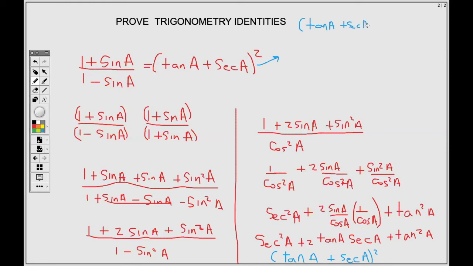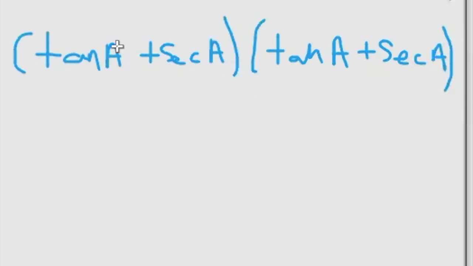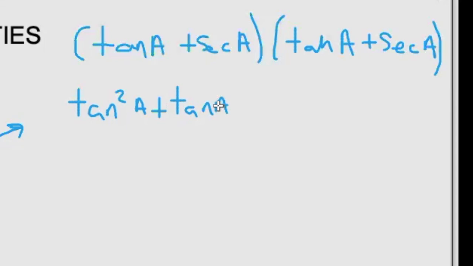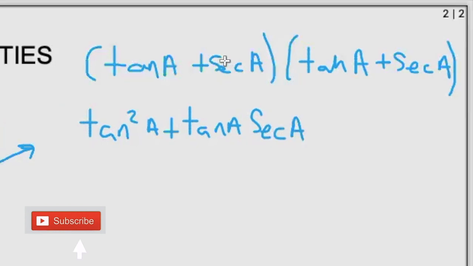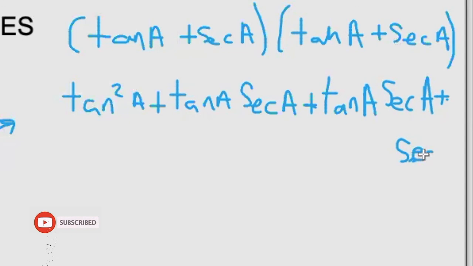So let me rewrite tan A plus sec A all squared as tan A plus sec A times tan A plus sec A. Now expanding this bracket, what we have is tan A times tan A, that gives us tan square A. Then we have tan A times sec A, that's tan A sec A. Then sec A times tan A, that gives us sec A tan A. And then sec A times sec A gives us sec square A.